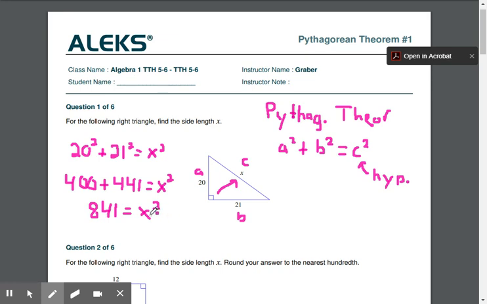And then we have to do some algebra to find what x is. We have to do the opposite of the squaring. To find x, opposite of squaring is square root. So we'll do the square root of both sides of the equation.